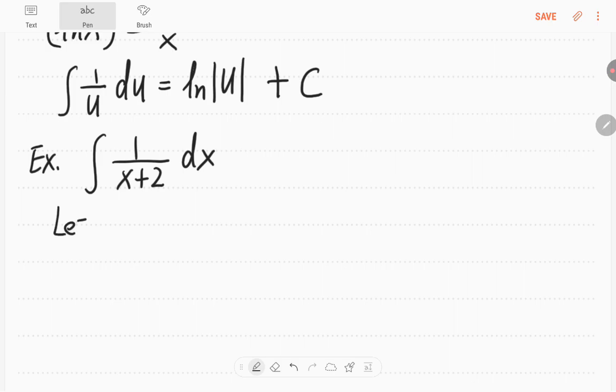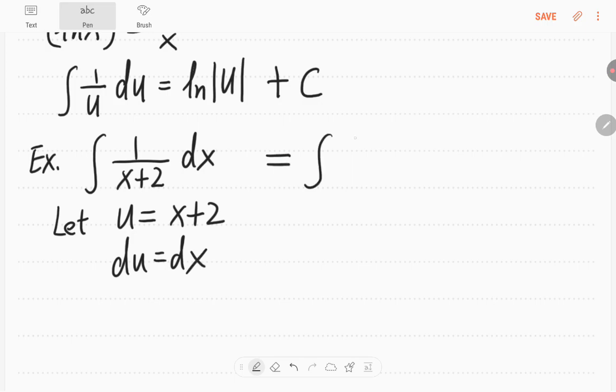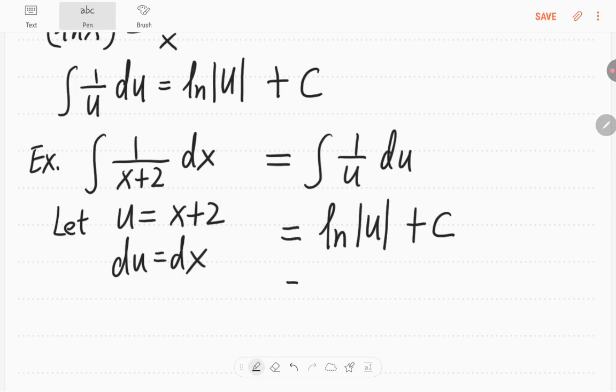We introduce a new variable u equal to x plus 2, so du equals dx. So this integral becomes the integral of 1 over u du, which equals the natural log of absolute value u plus a constant. Plugging back u equals x plus 2, this is your result.